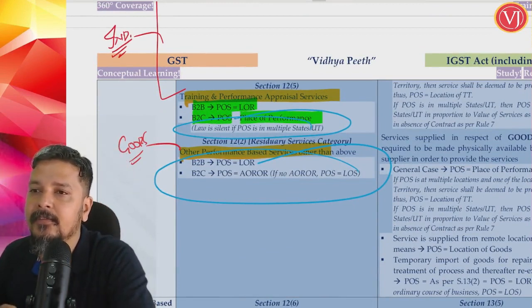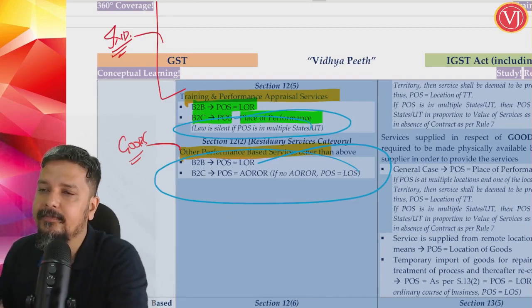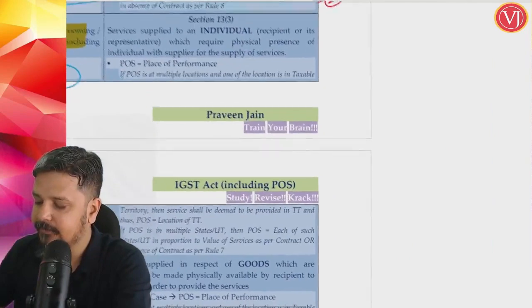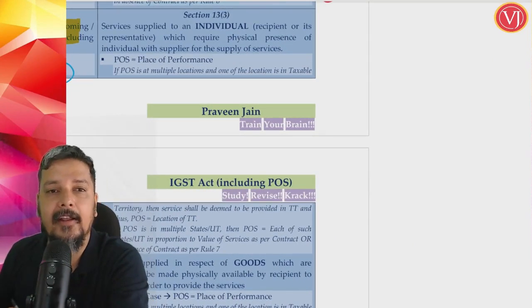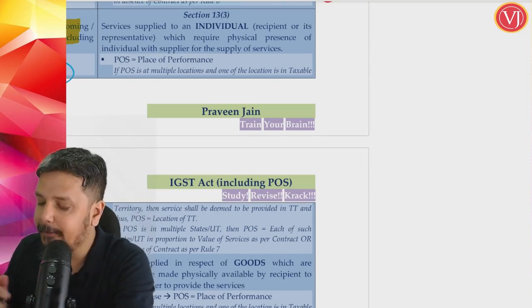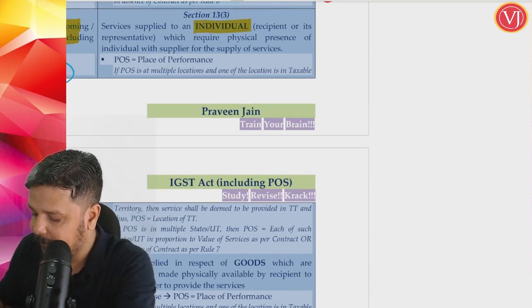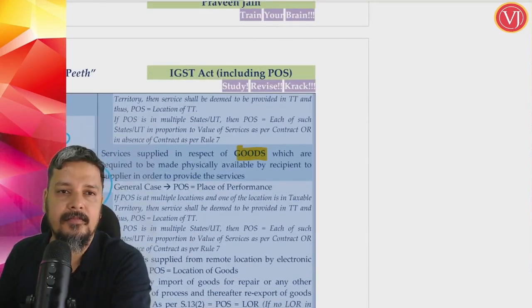It will go in residuary category if LOS and LOR are both within India. What if I tell that LOS and LOR are either LOS is outside India or LOR is outside India? Then they split between two. One, you're talking about performance on individual. Two, you're talking about performance on goods.